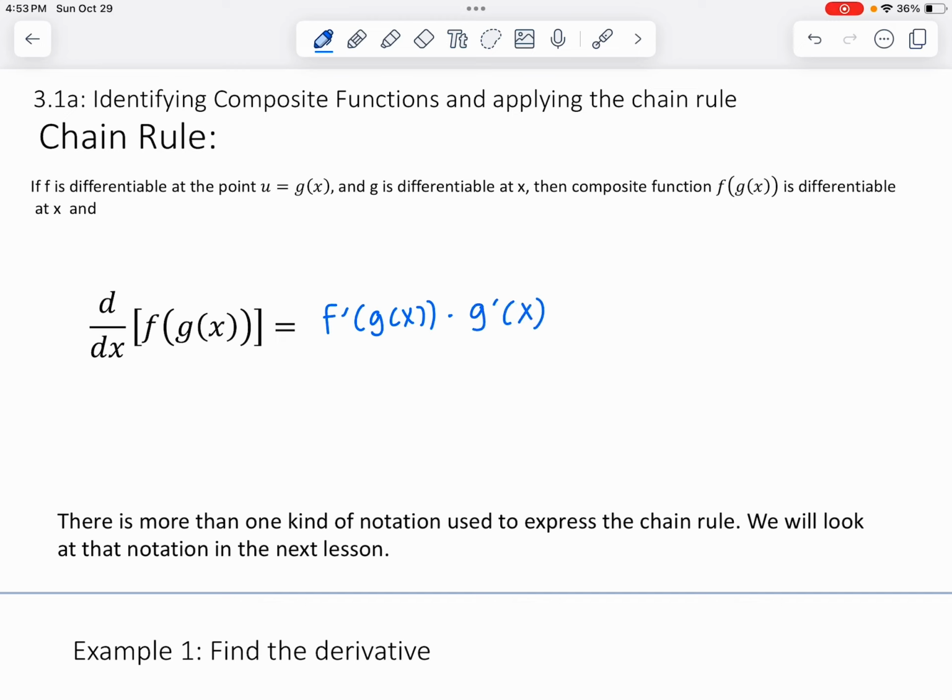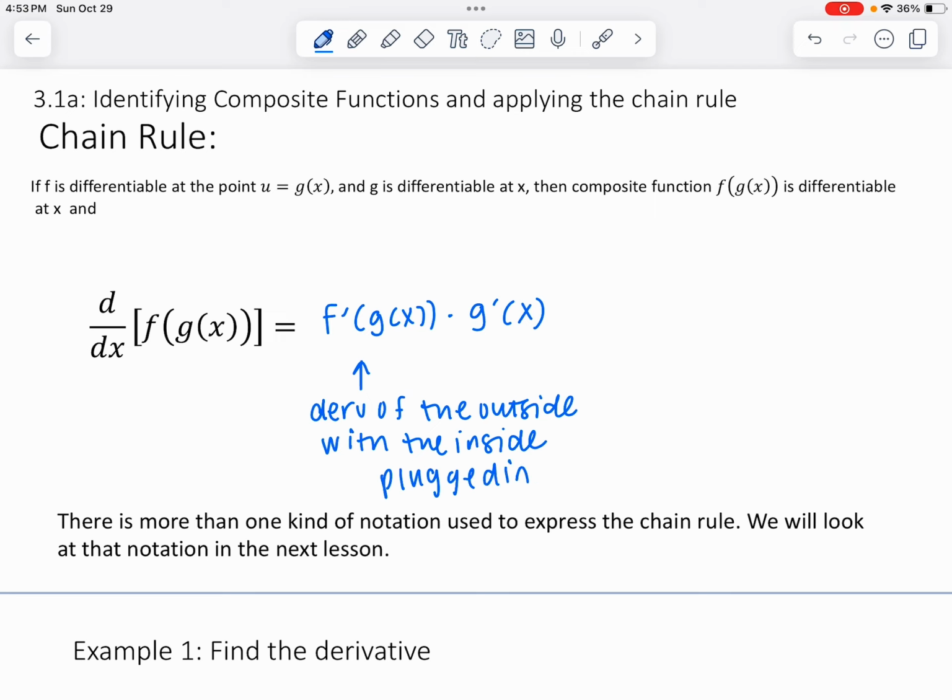And so that is a lot, and it might seem really confusing, but what it's essentially saying is that the derivative of a composite function is the derivative of the outside with the inside plugged in, times the derivative of the inside.